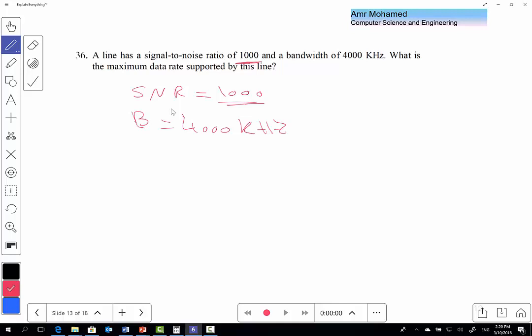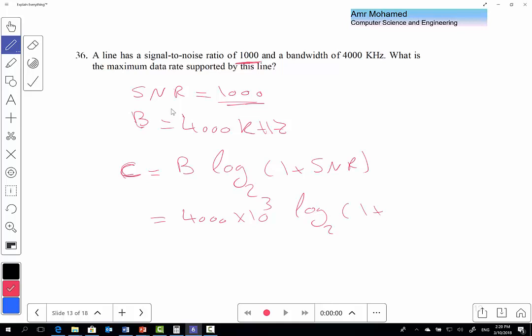We know that the maximum bit rate C, or the capacity, equals bandwidth times log 2 of 1 plus SNR. So that's 4,000 times 10 to the power 3 times log 2 of 1 plus 1,000. So this will be around 40,000 bits per second. And you can do it using a calculator.